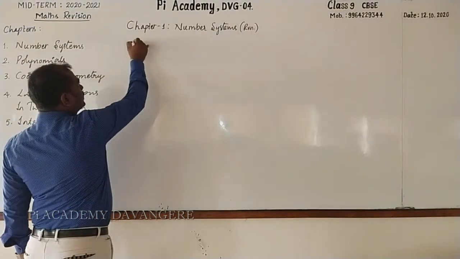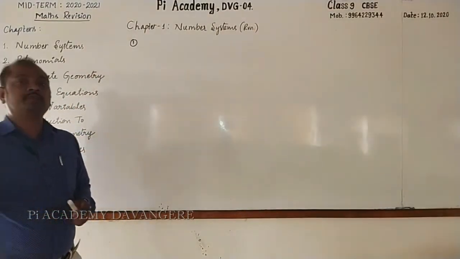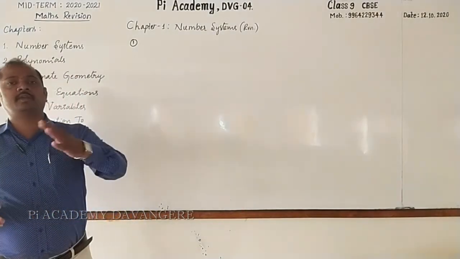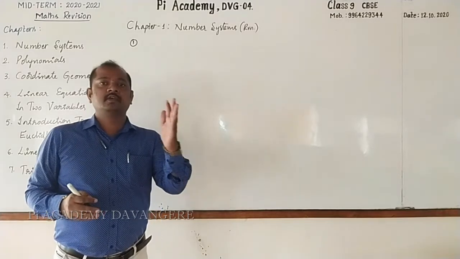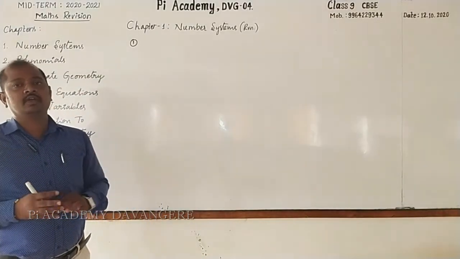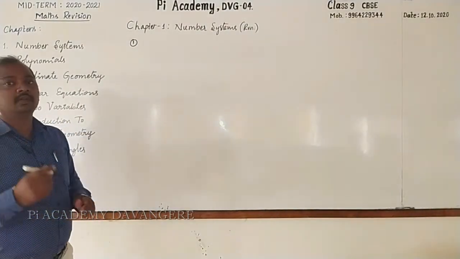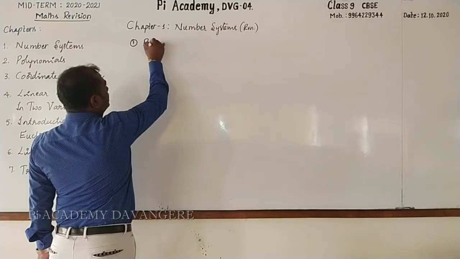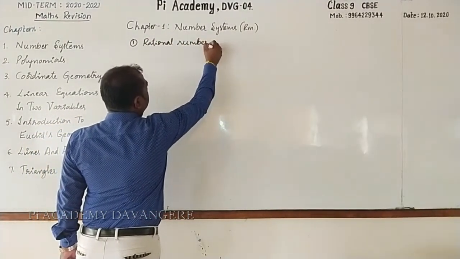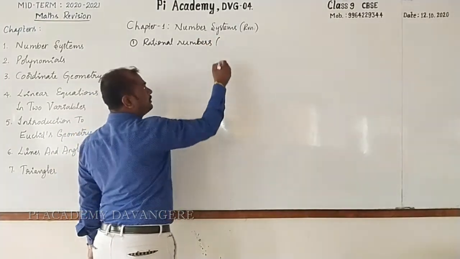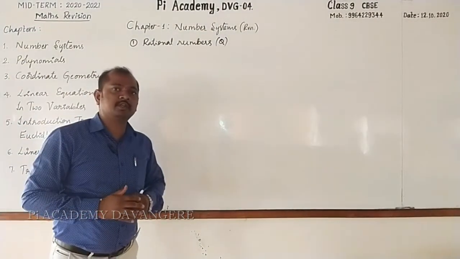Then could you tell the first concept in the chapter number systems? Very good. It is different types of numbers. They are natural numbers, whole numbers, integers, rationals, irrationals and real numbers. But among these, the definition of one type is important, which is, very good, the rational number. You all know that the collection of rational numbers is denoted by the symbol Q. Then could you tell the definition of it?